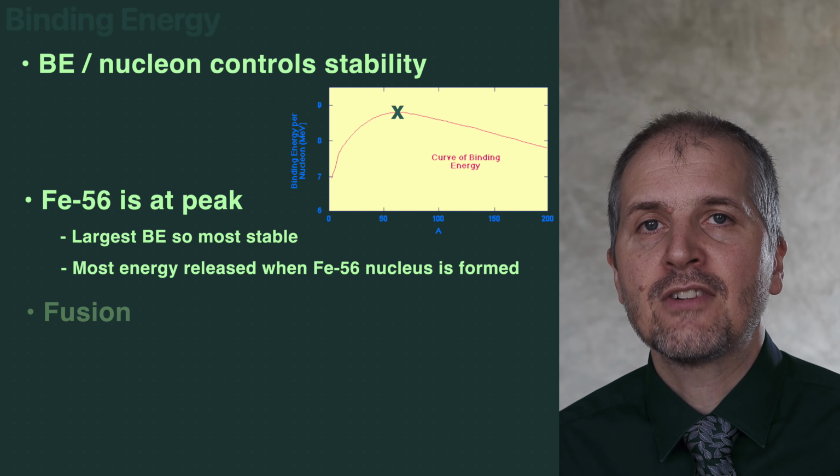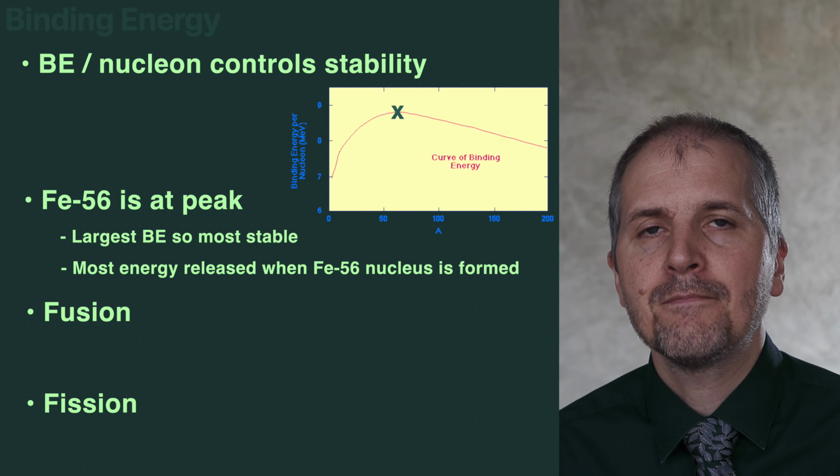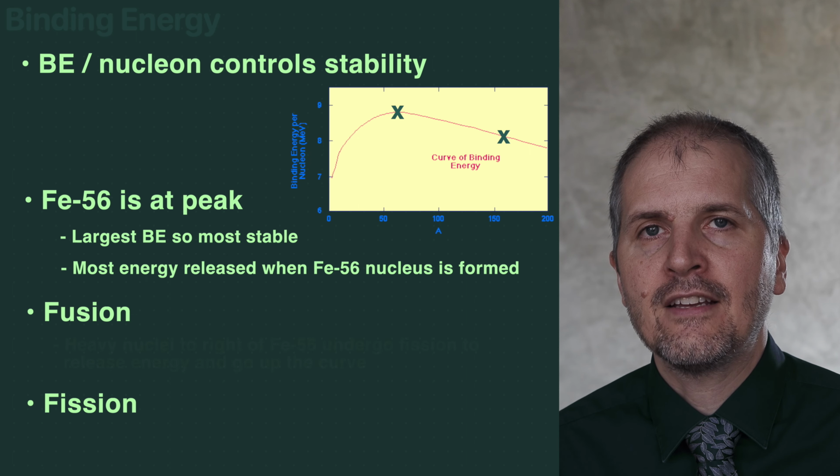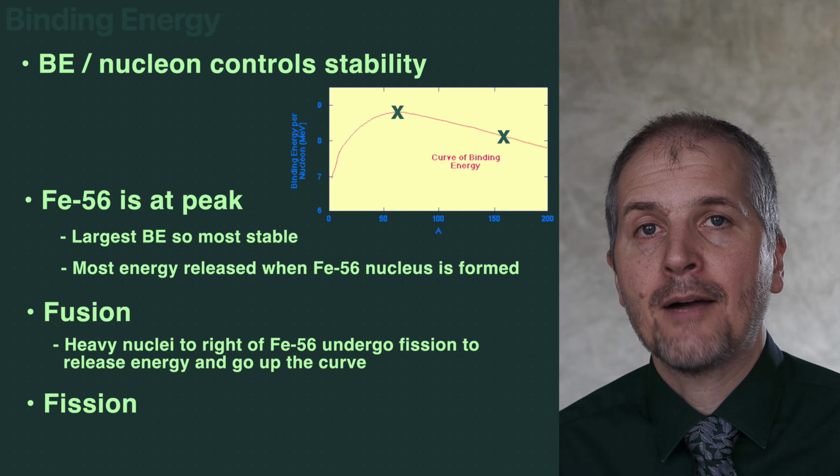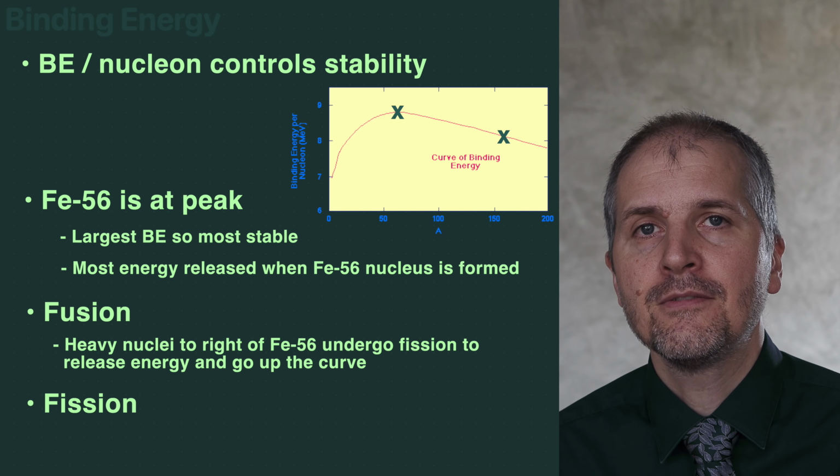We've also seen how this relates to fusion and to fission. Large nuclei over on the heavy side of the curve will release energy when they become smaller, when they undergo fission towards iron 56, going up the curve.